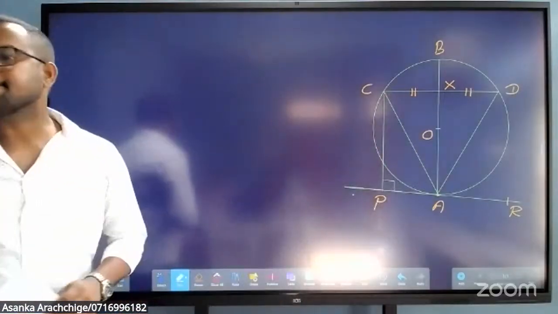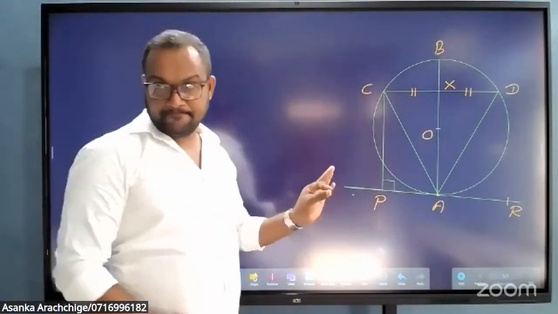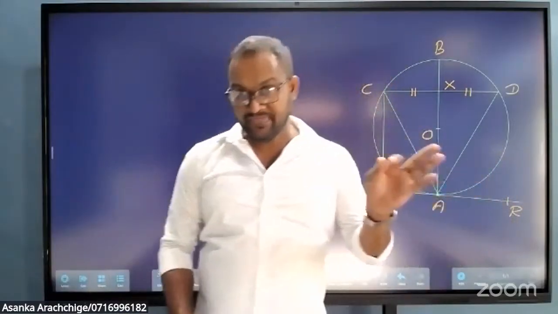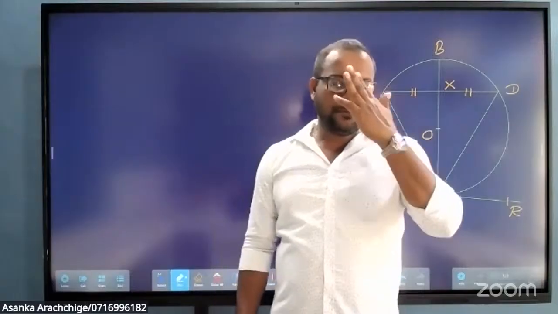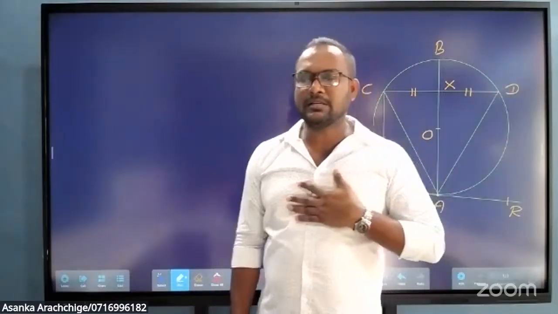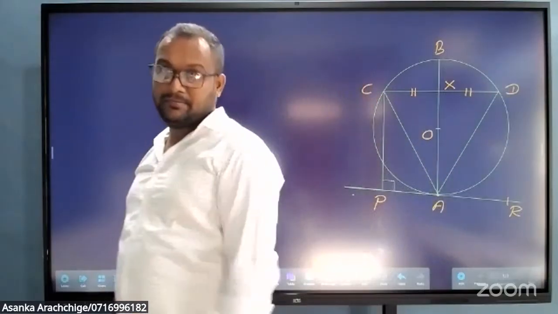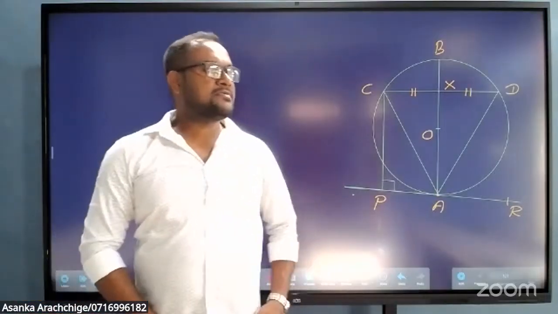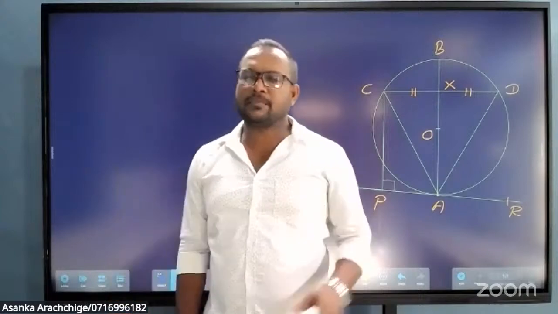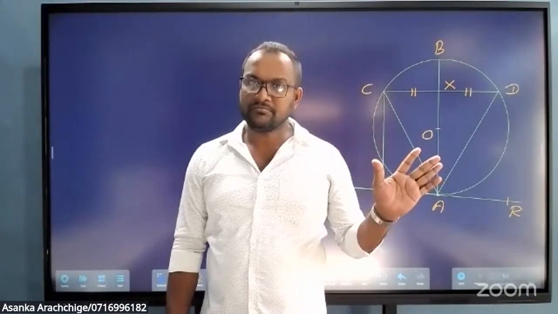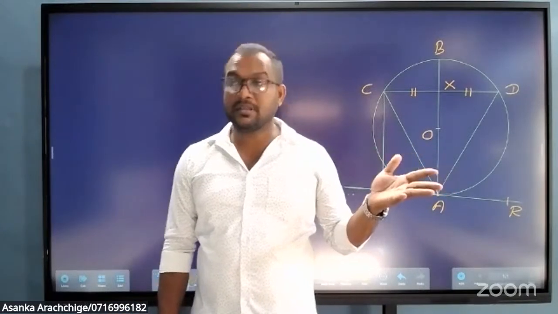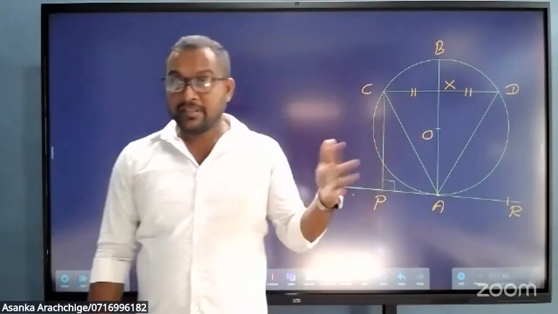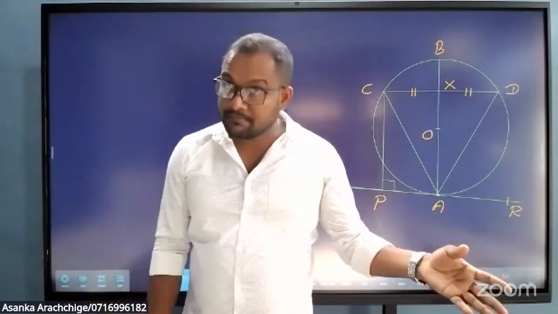Tell me, what are the methods, what are the ways we have to show that a particular quadrilateral is a cyclic quadrilateral? Tell me what are the properties of a cyclic quadrilateral that you have learned as theorems?